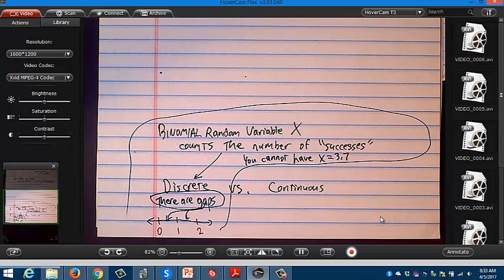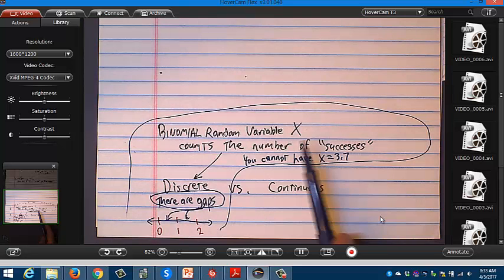Those measurements wouldn't make any sense if you're counting a number of successes. So there are gaps. I said there are gaps, but what I mean by that is the random variable can't equal certain things.